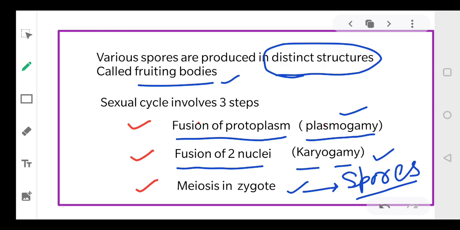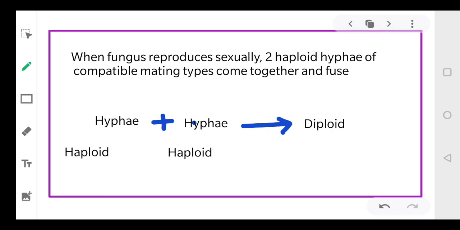Okay, dear students. Now when a fungus reproduces sexually, there are 2 possibilities. The first is that 2 hyphae from different individuals will come together and fuse. Suppose this is a hypha from one individual, the male, and a hypha from the female.